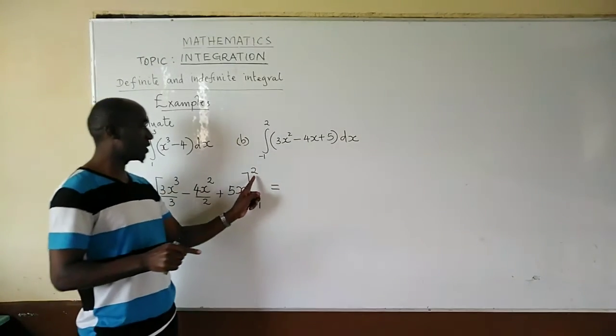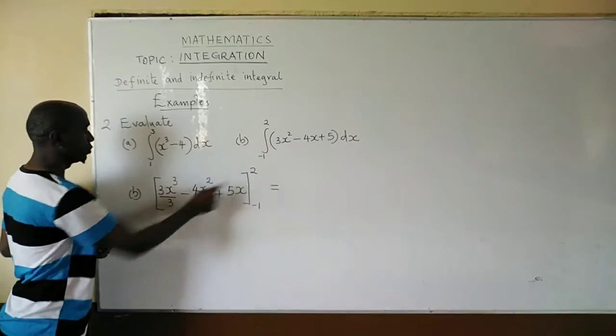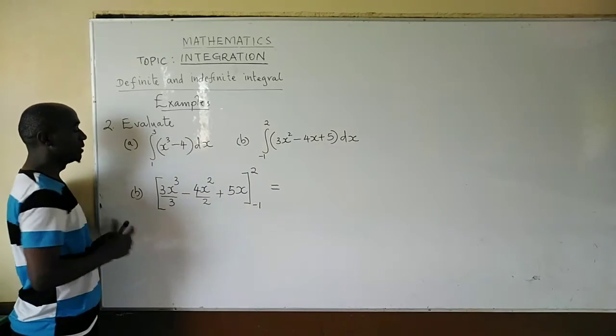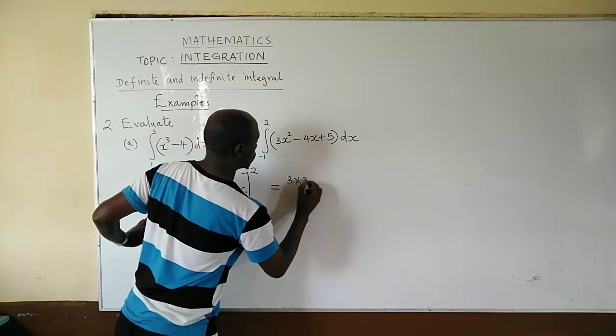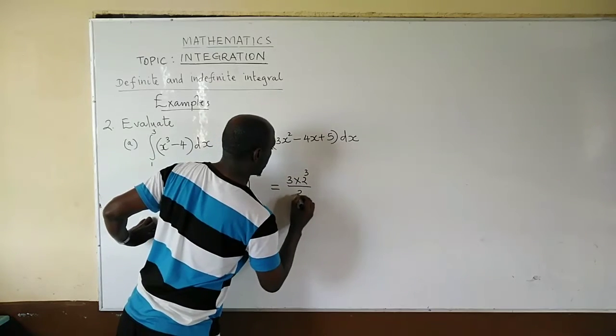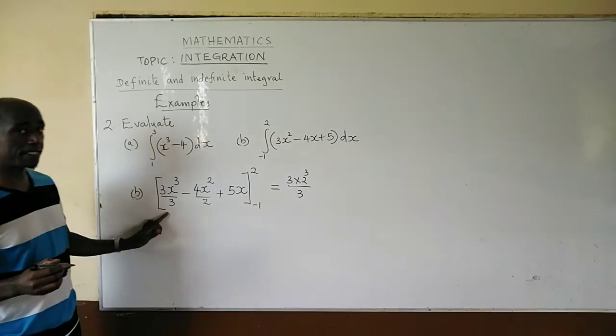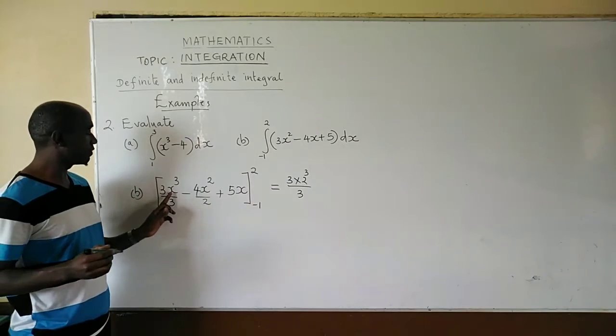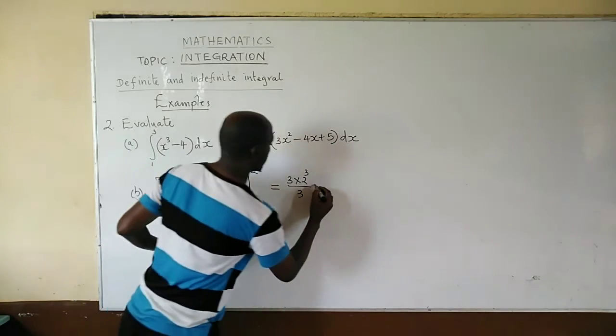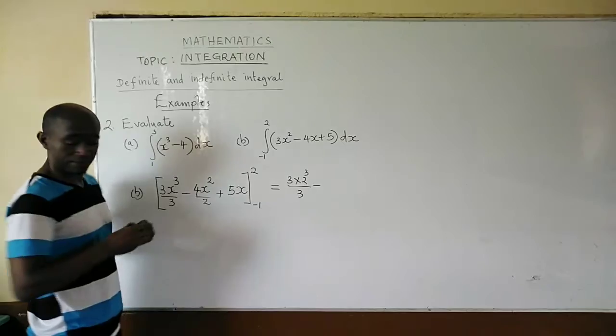So you must start with the upper limit, put 2 here, 2 cubed. So we have 3 times 2 cubed over 3. We are placing 2 in place of x. Then minus, okay, sorry.